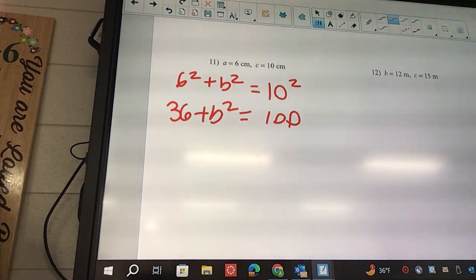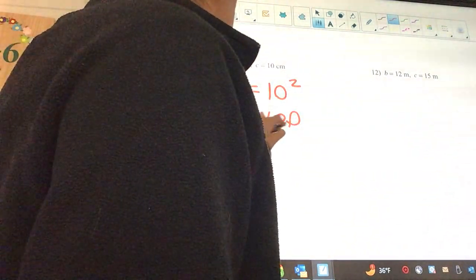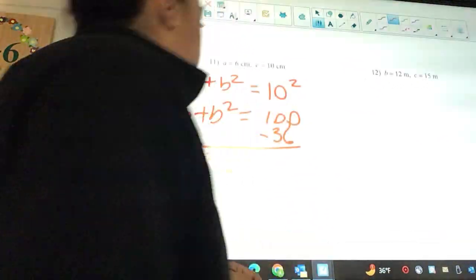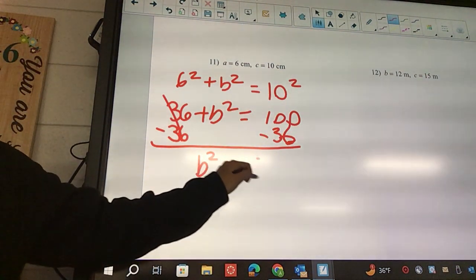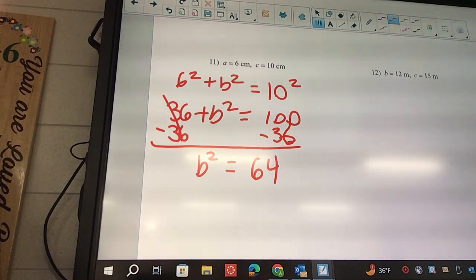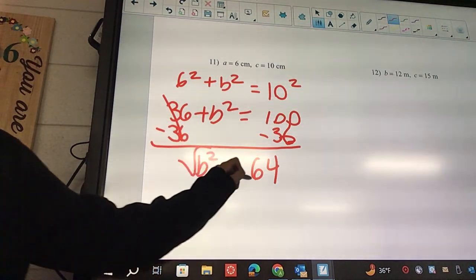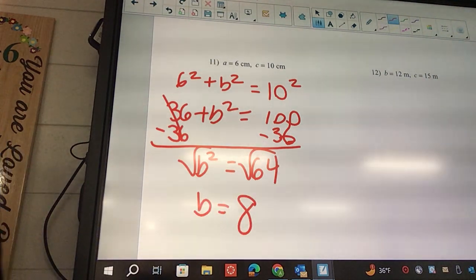Okay, and then what? Subtract 36. What is 100 minus 36? 64. And then we're going to square root both sides. And we're going to get 8 for your B.